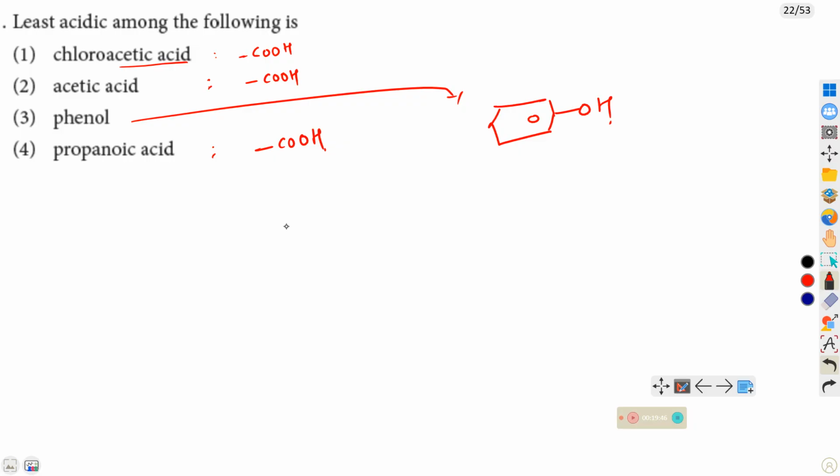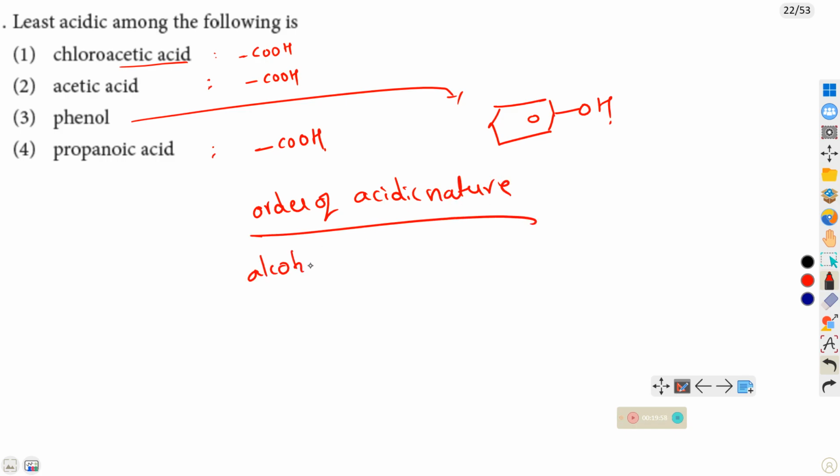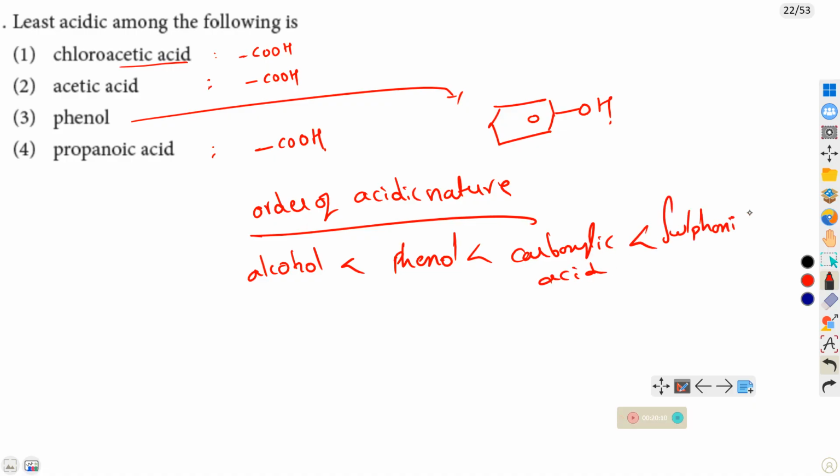We know the order of acidic nature: alcohol less than phenol, less than carboxylic acid, less than sulfonic acid. So phenol is least acidic.